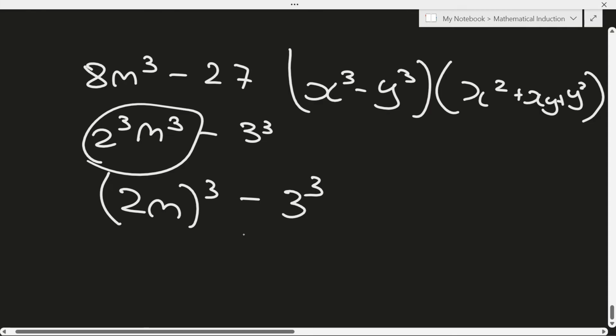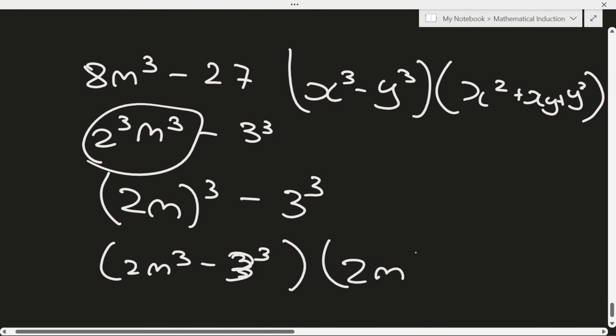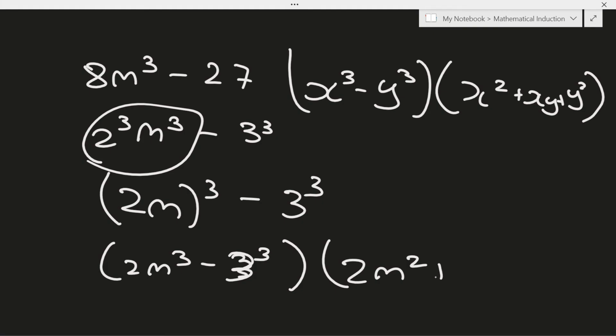So we'll have 2m cubed minus 3 cubed, times 2m squared plus 6m. Wait, can we just multiply them? Yeah, I think we can.